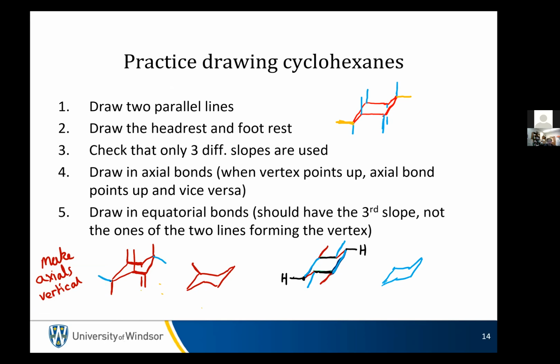I think those are always the easiest ones to draw because they fit. Those are equatorial. The blue ones are equatorial. Because they are, I don't know, like I can't explain why that seems like the only place you can possibly put that bond. It finishes the tetrahedron.